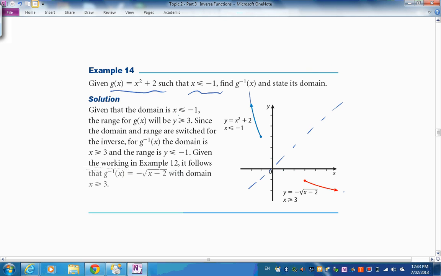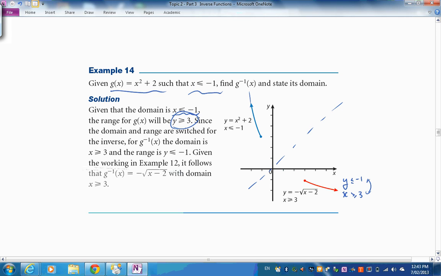The domain is x less than or equal to -1, and that will be the range. The range will now be y less than or equal to -1. The range was, in this one, y greater than or equal to 3. That becomes the domain: x greater than or equal to 3.